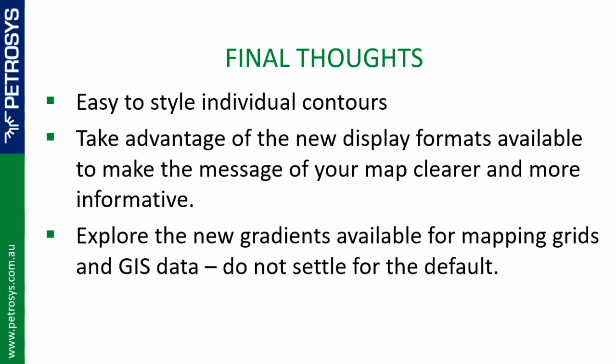Is it a joint venture partner, a shareholder, or your colleagues? What information do you need to show, and would the map benefit from including supplementary information stored in a PDF? With 2020, it's much easier to highlight individual contours, and you can take advantage of the new display formats to make your map more informative, whilst also experimenting with the new colour gradients available.